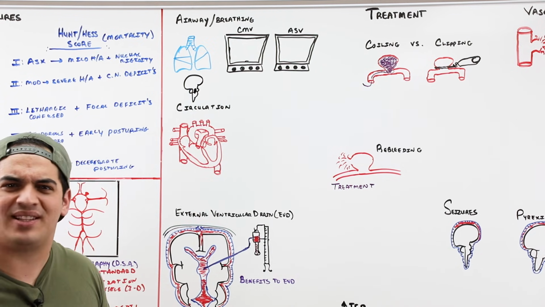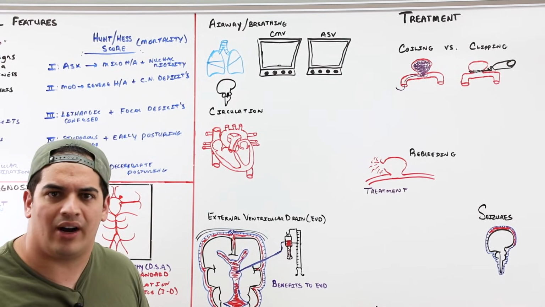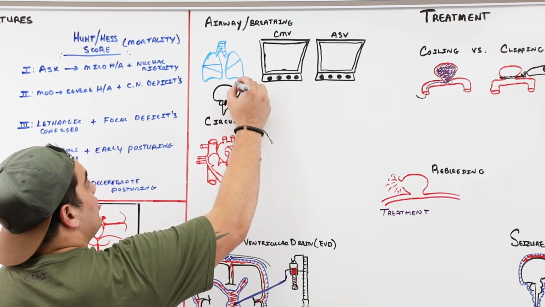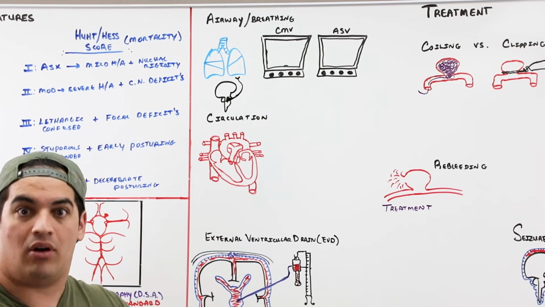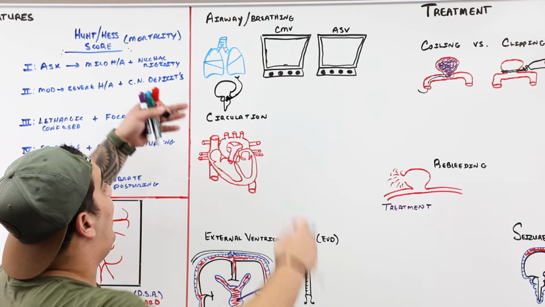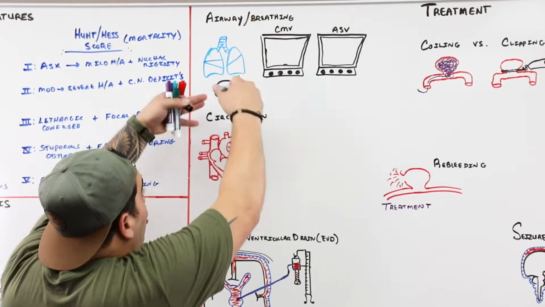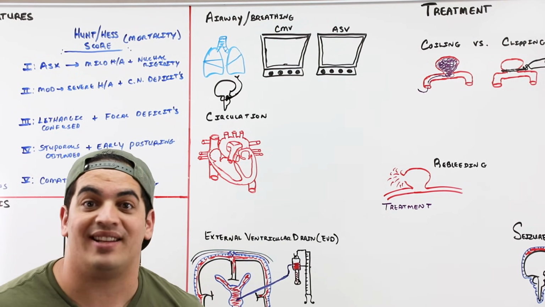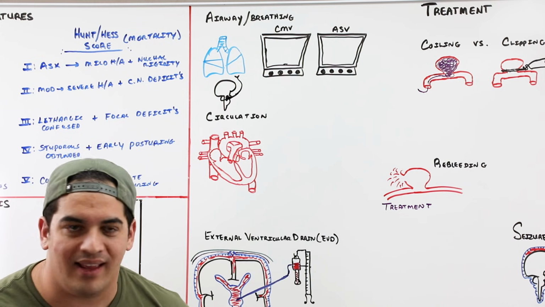What does the brainstem do, especially in the pons and medulla area? It controls your respiratory center, and the respiratory center is what helps to drive the muscles that are involved in breathing. If you have high intracranial pressure and you're pushing down on that brainstem, it can decrease your respiratory activity. That's one thing to think about.